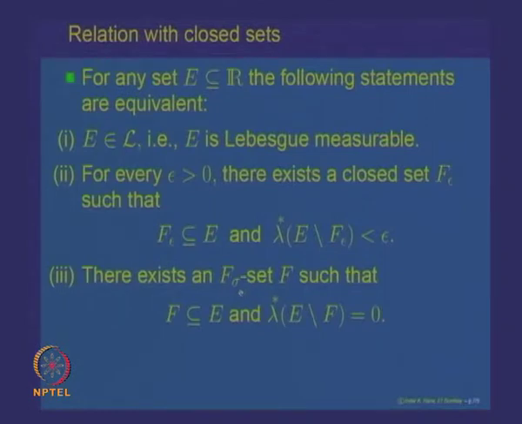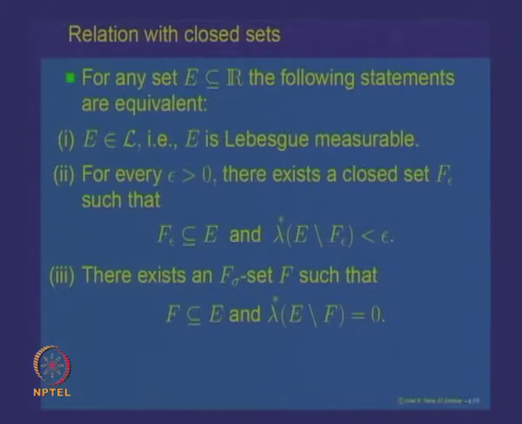So, what is an F sigma set? An F sigma set is nothing but a set which can be expressed as a countable union of closed sets. So, there is an F sigma set F inside E such that lambda star of E minus F is equal to 0. Let us quickly prove this, and this will use the earlier characterization.